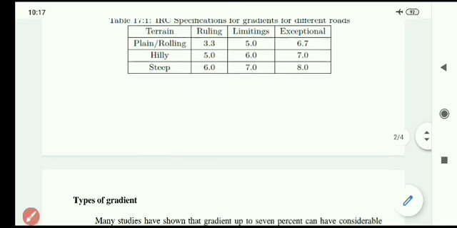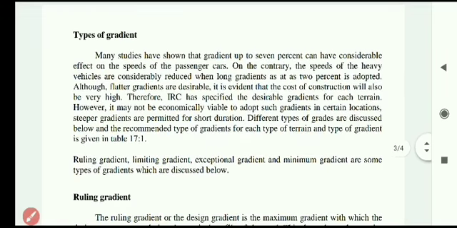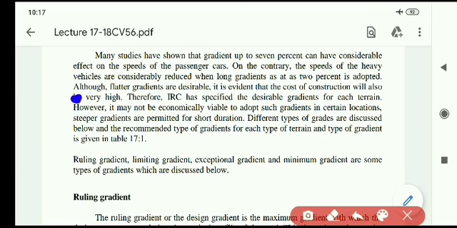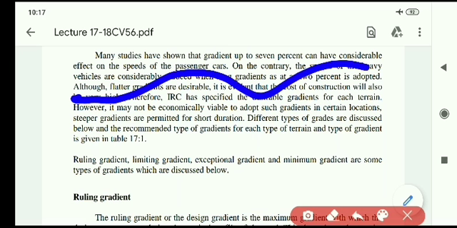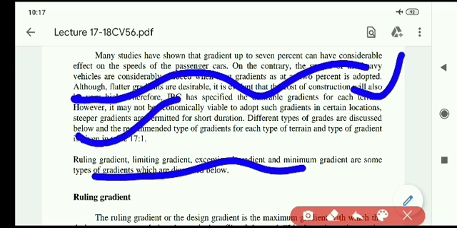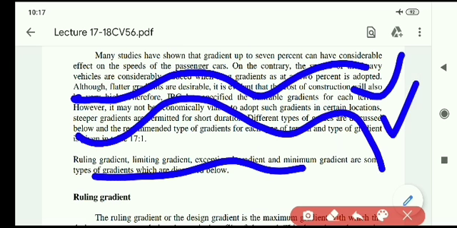Okay, so now we will focus on types of gradients. These types of gradients mainly depend upon the ground profile. If this profile is there, it is a different type of gradient compared to this profile, or sometimes this profile gradient is different. You can see 3 categories, 1, 2, 3. These are all different profiles.